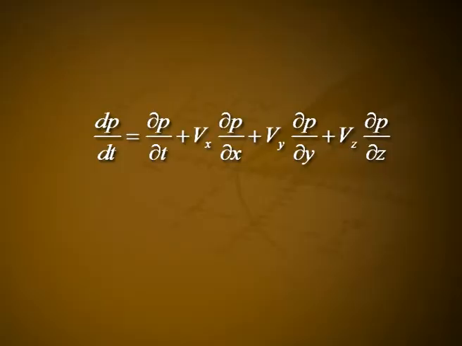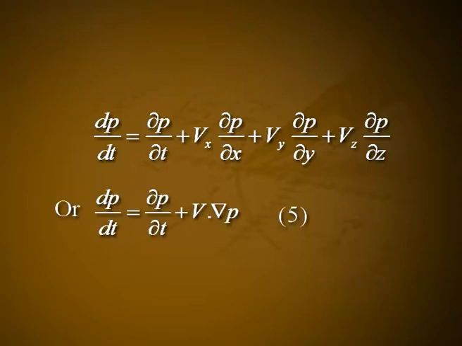Rewriting equation 4 as dp divided by dt is equal to dou p divided by dou t plus Vx into dou p divided by dou x plus Vy into dou p divided by dou y plus Vz into dou p divided by dou z, or dp divided by dt is equal to dou p divided by dou t plus V dot del p. Let it be equation number 5.